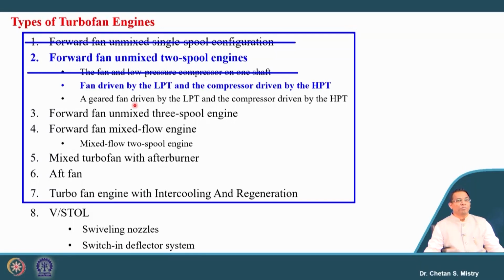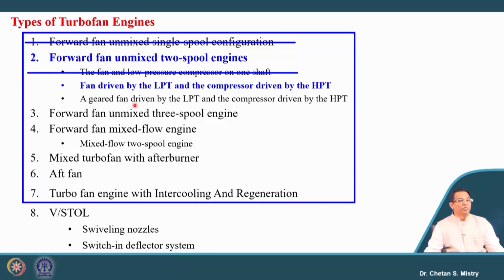Now, let us move to the next step, where the fan will be driven by the LP turbine, and the compressor stages will be driven by the HP turbine. I am giving you time, just try to plot the line diagram for this kind of configuration, where the fan will be rotated by the LP turbine and the compressor will be driven by the HP turbine.